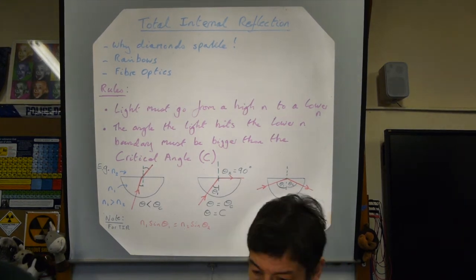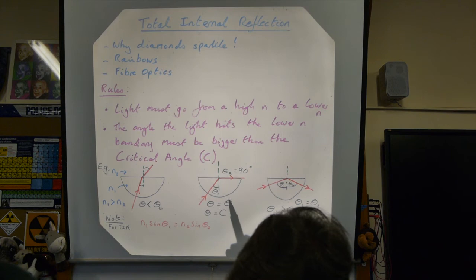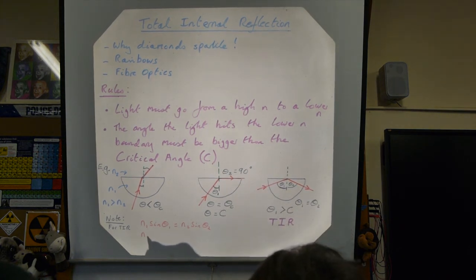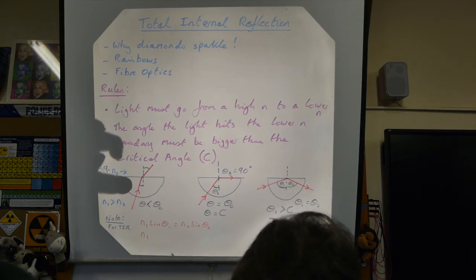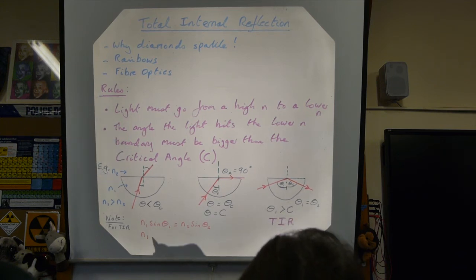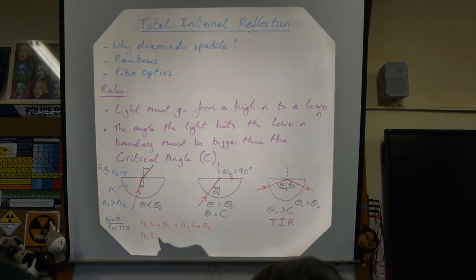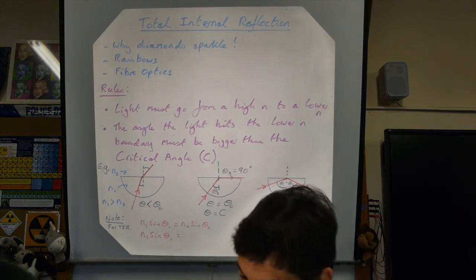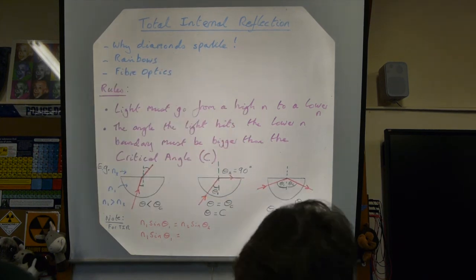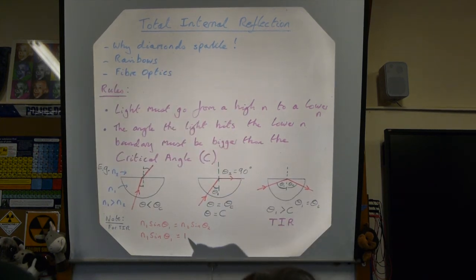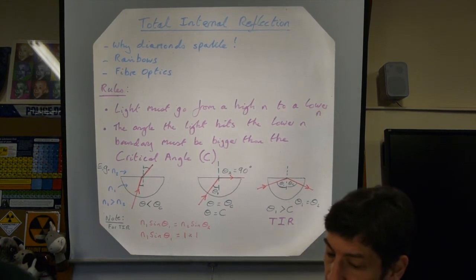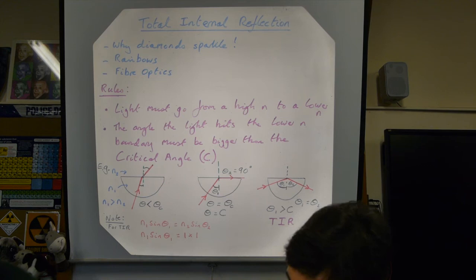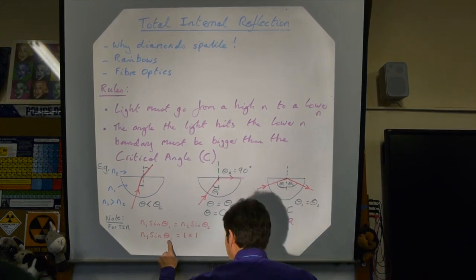So if I rewrite that for this diagram only, of course, because we have to have the 90 degrees, n1, which is the refractive index of the thicker material, as it were, sine of the angle in that material, is going to be equal to n2, and we said that's out here. It's basically air or a vacuum, so that's going to be 1 times the sine of 90. Oh, well, that's going to be 1. But what is this angle?